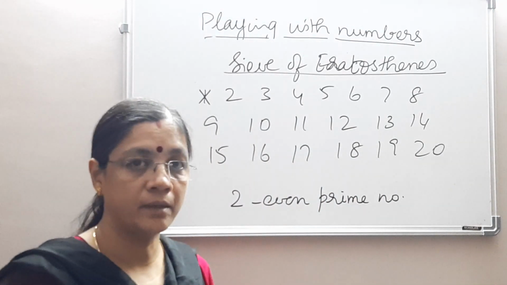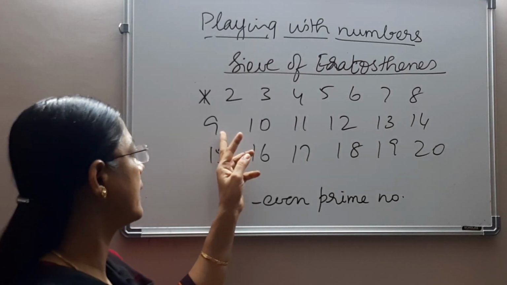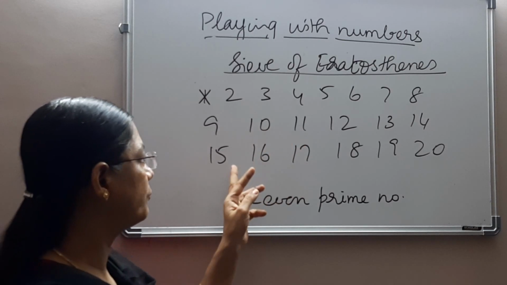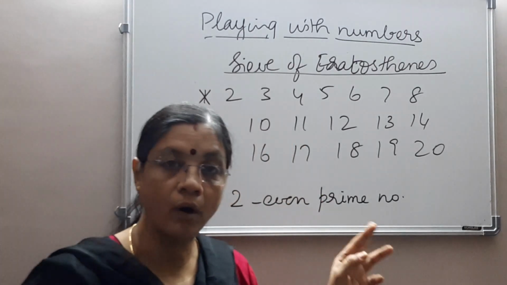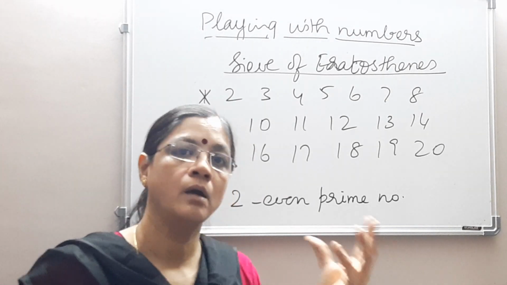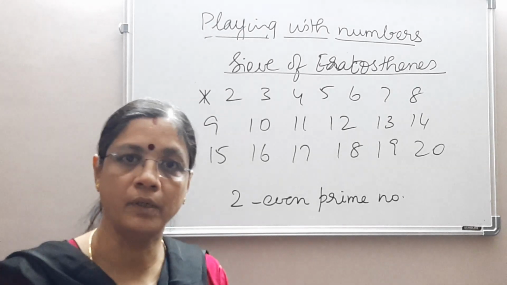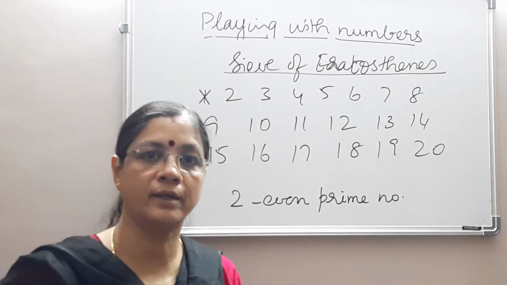It doesn't mean all odd numbers are prime, because certain odd numbers like 9 and 15 are composite. So prime numbers other than 2 are all odd numbers, but not all odd numbers are prime numbers. That you need to understand.